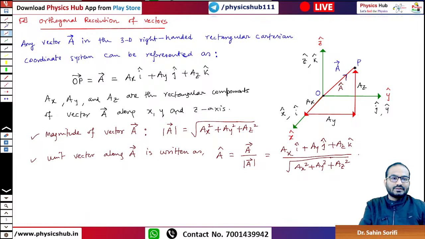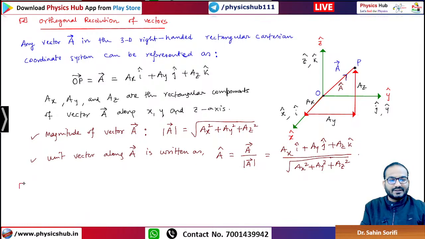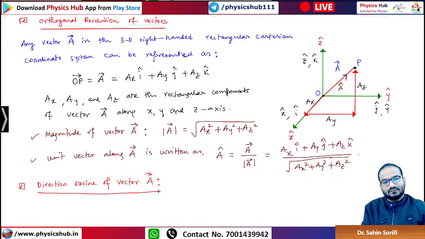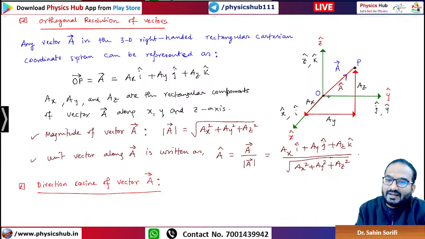Now a very important term is the direction cosine. Direction cosine of vector A: how do we evaluate it? You can see this vector A is making some angle with the x-axis, some angle with the y-axis, and some angle with the z-axis.